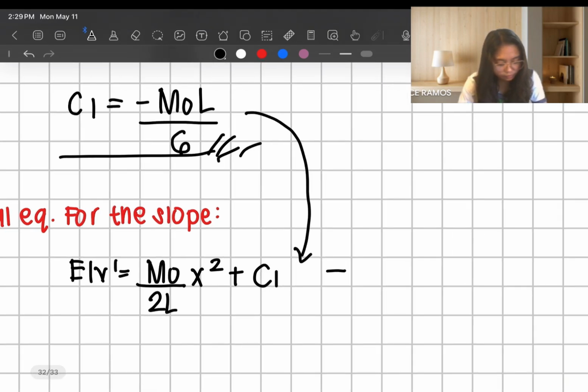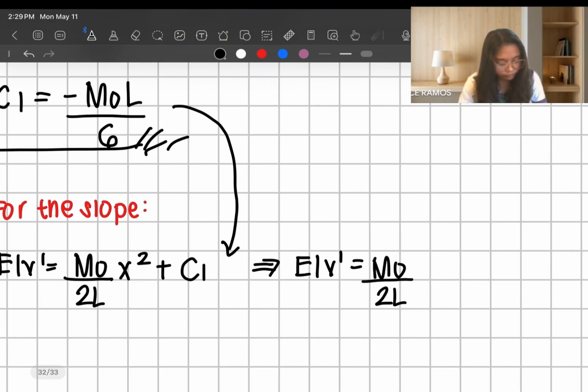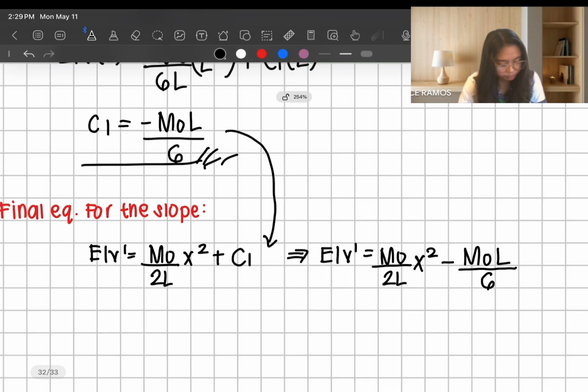So, we will get minus our c sub 1, moment times the length over 6.